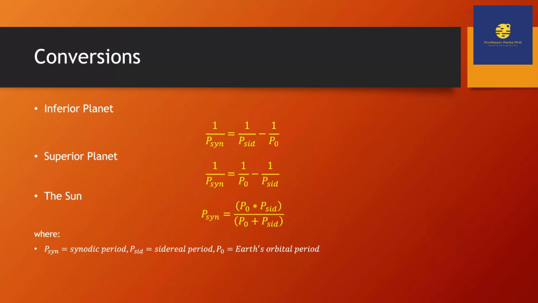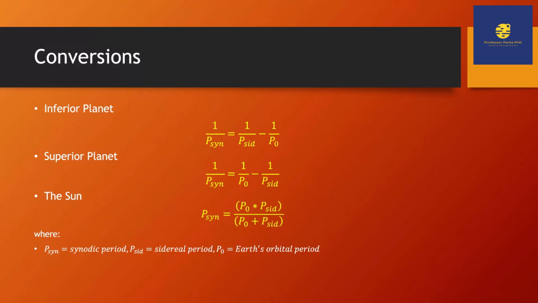Now, if you wanted to do conversions, if you observe the synodic period of a planet, and I'll get into that in a moment, and you wanted to know what the sidereal rate was, how fast it actually goes around the sun, P sub syn is the synodic period of the planet, P sub sid is the sidereal period of the planet, and P naught is the Earth's orbital period, or 365 days.